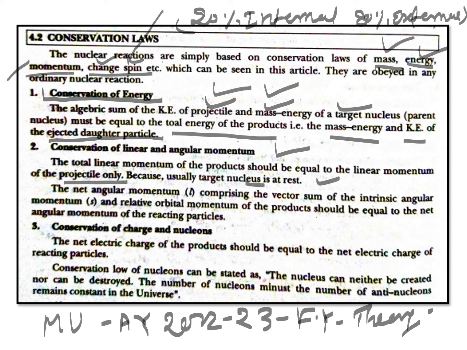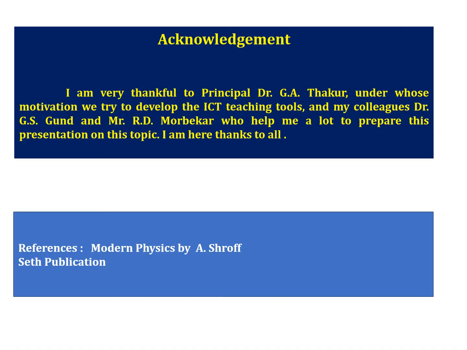The net angular momentum is also an important thing, but at large scale we do not go through that. When we come to quantum mechanics, angular momentum is also an important factor, which is represented by L. There are two types of angular momentum: orbital angular momentum, and intrinsic angular momentum, that is spin angular momentum, S. These two important momenta also remain constant. In addition to that, conservation of charge.